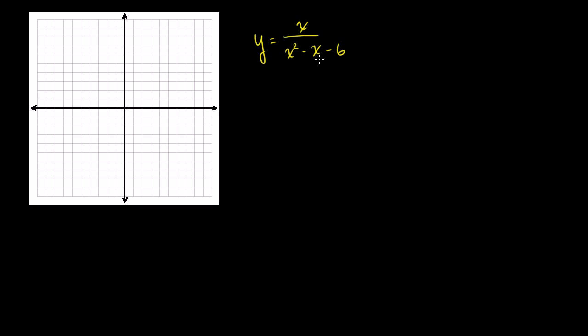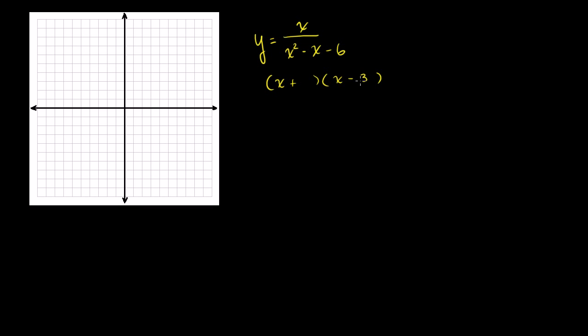And so what two numbers, when I take their product, I get negative 6, and if I add them up, I get negative 1? So they have to be of different signs. One is going to be positive, and one is going to be negative. A 2 and a 3 seem to be pretty close because they're one apart, and I want to subtract the larger number because when I add them, I get a negative.